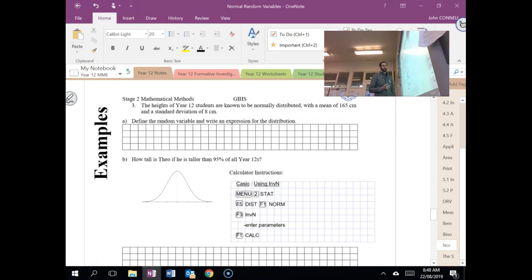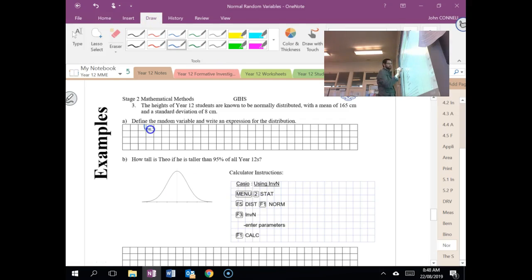So first of all, we're just going to define our random variable. Let X be the heights of Year 12s measured in centimetres.